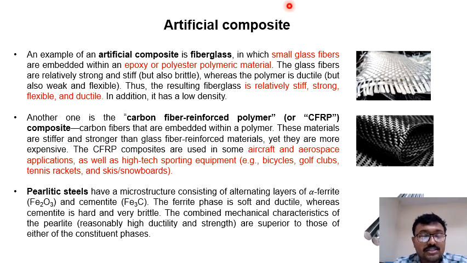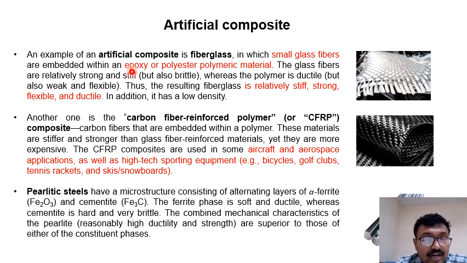Next, artificial composite material. We discussed natural composite material. An example of an artificial composite is fiberglass, in which small glass fibers are embedded within an epoxy or polyester polymeric material.